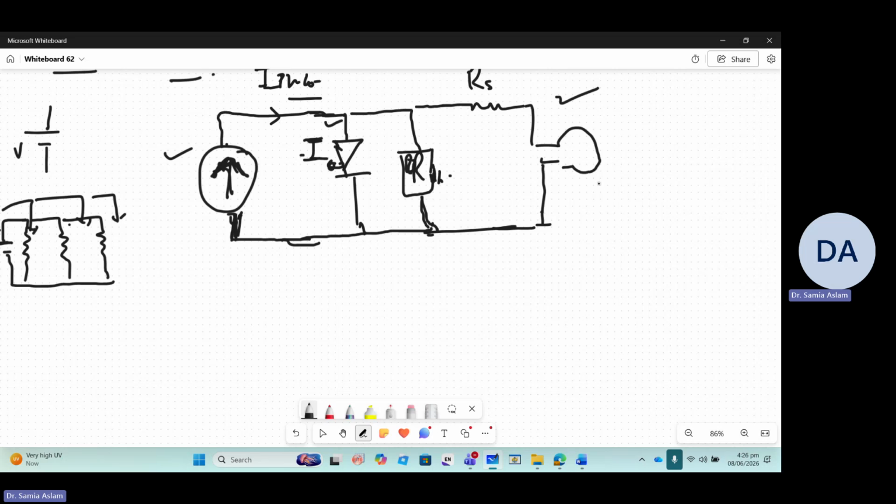Before giving it to the external load, it will provide current within the cell due to its internal resistances. First of all, it will provide current to its diode-like structure, right? Then it will provide current to this shunt resistance, which basically serves as a resistance present between the valence band and the conduction band.